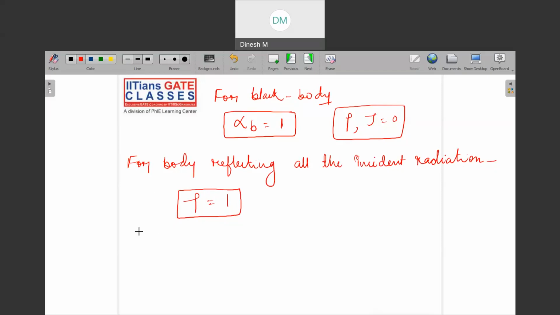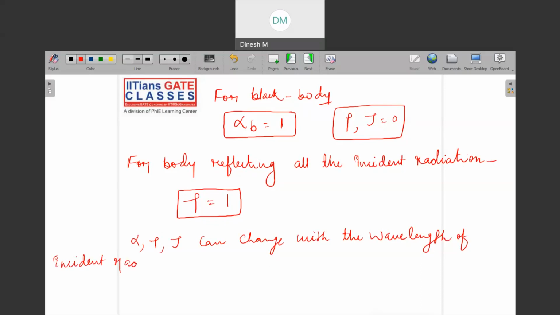So please mind this word, that these properties like alpha, rho and tau can change with the wavelength of the incident thermal radiation. Okay, next.